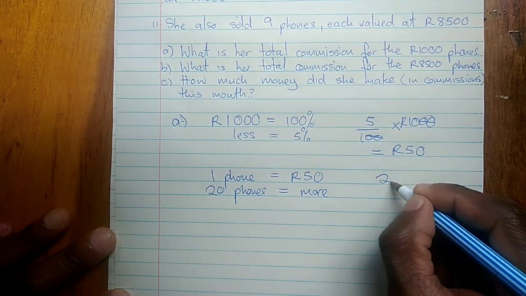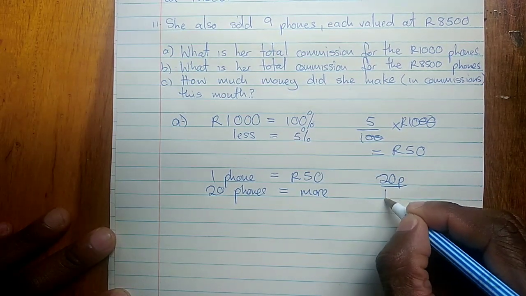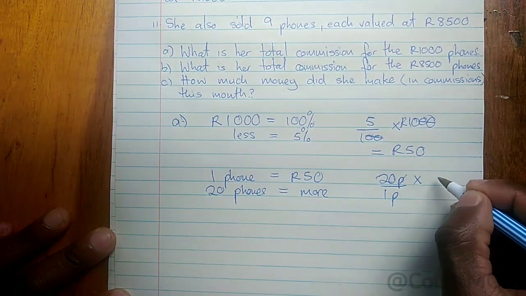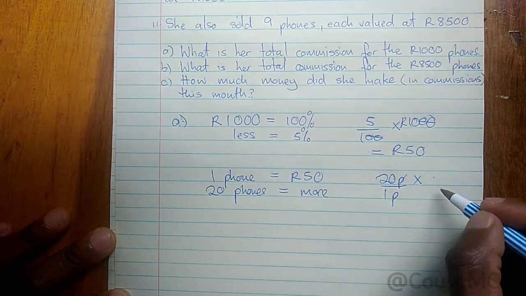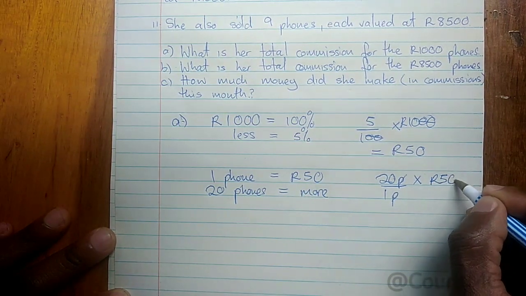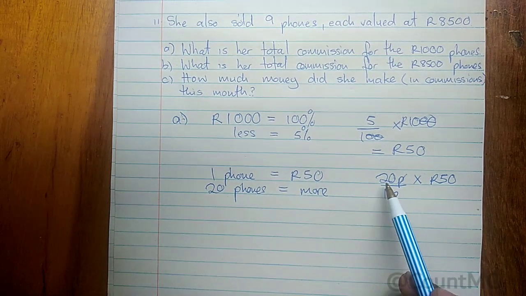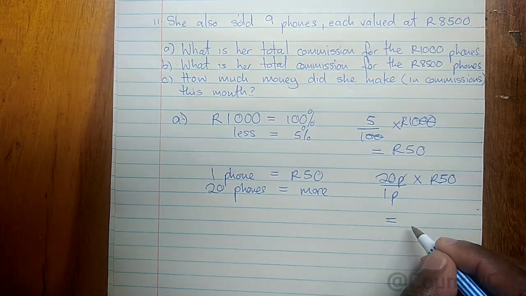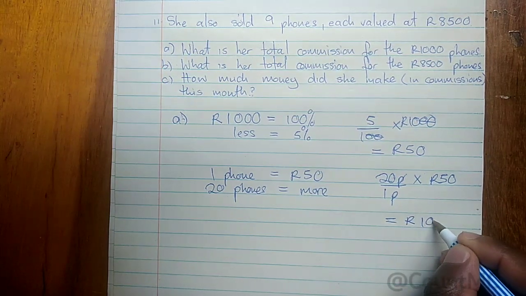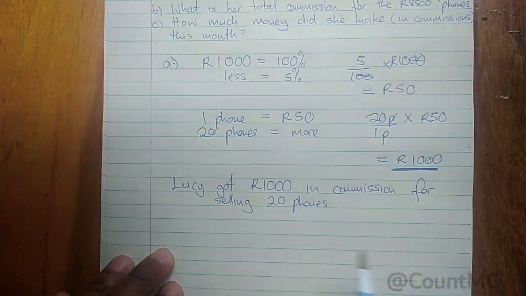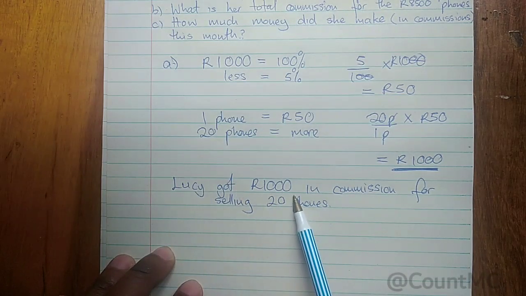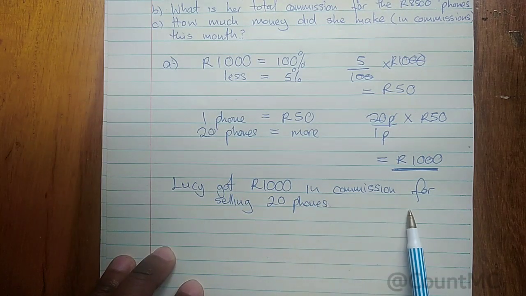So more, we say 20 phones over one phone. When you say more, the bigger number will go on top. You multiply that by 50 Rand. So 20 times 50, that's 1000 Rands. So we say Lucy got 1000 Rands in commission for selling the 20 phones.